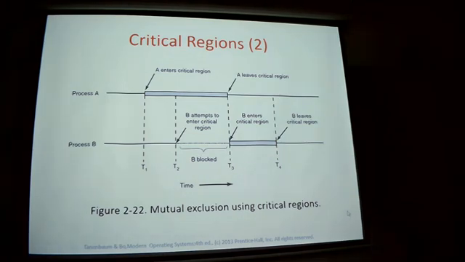So at any timestamp, only one process is in the critical region. This is used to achieve mutual exclusion. That means there is a global variable and only one process can change it at one timestamp.